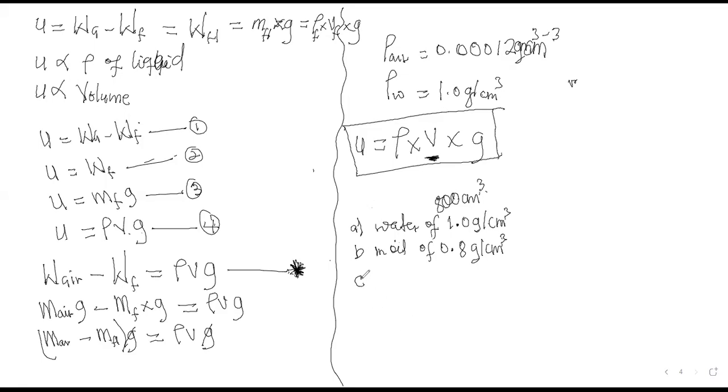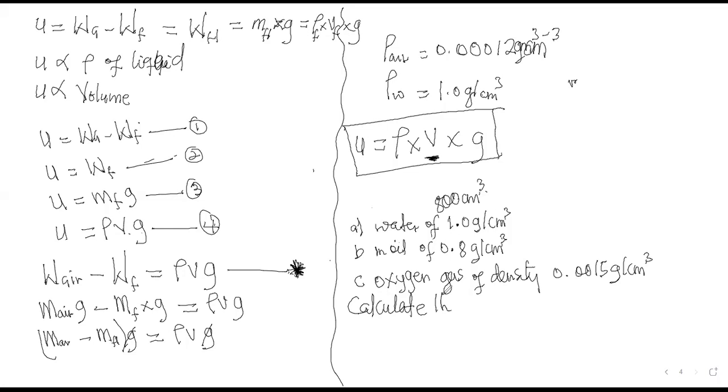And C, in oxygen gas of density 0.0015 gram per cm cube. Calculate the upthrust in each case.